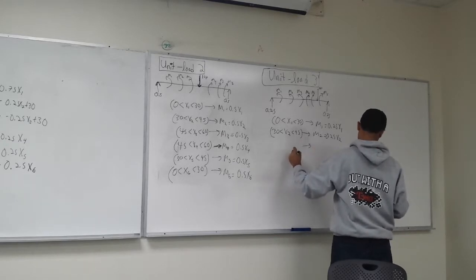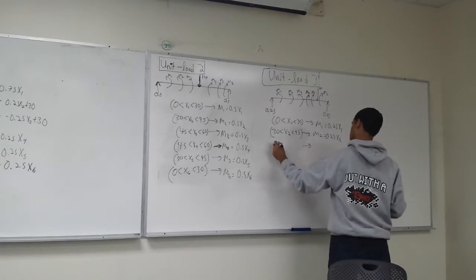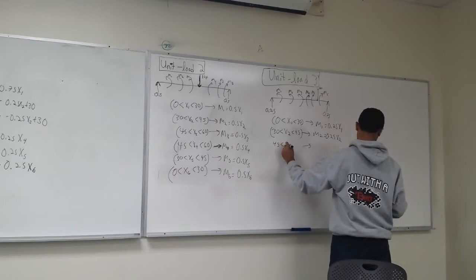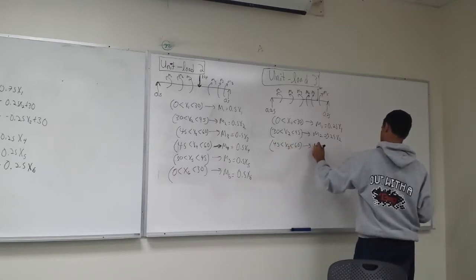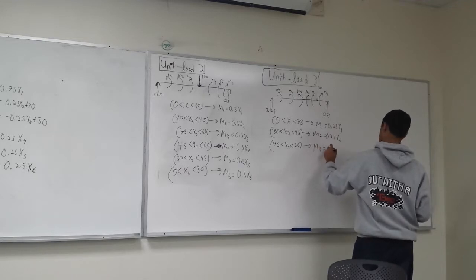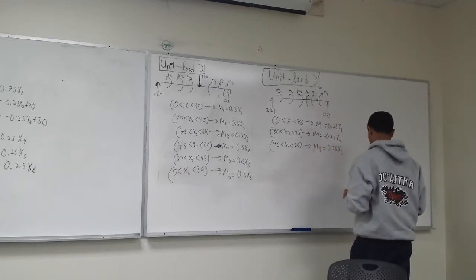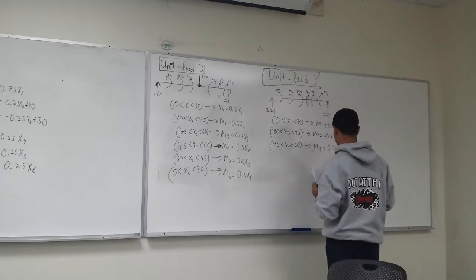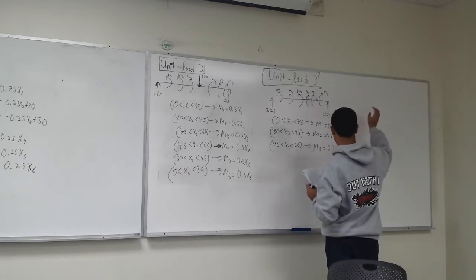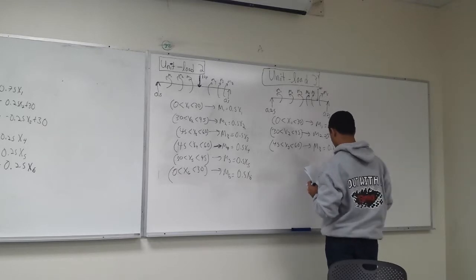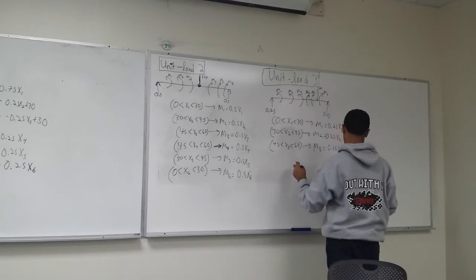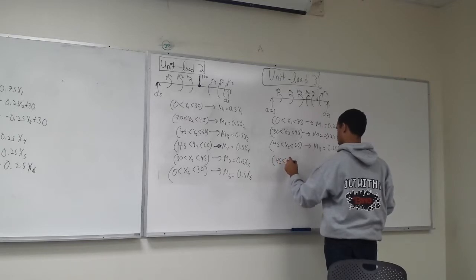For 45 to 60, we have M3 is equal to 0.25 times x3. For the force moment, which is going from 45 to 60 from right to left, we have 45, 60, yeah.